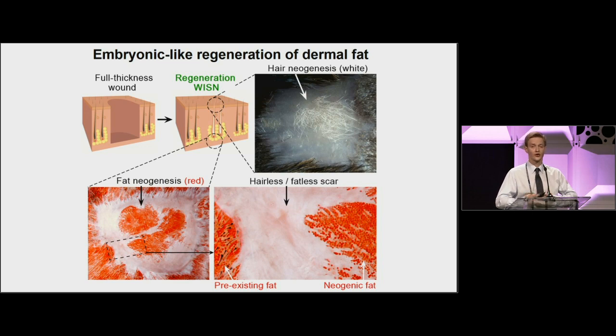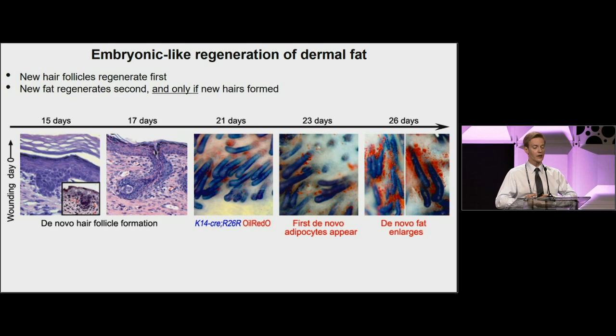Following hair regeneration, what's really exciting is that a fairly normal-looking mature dermal adipose tissue regenerates around hair follicles. And the process of adipose tissue regeneration in wounds is dependent on the hair, because over the time course, hairs form first and fat forms second, and for fat to form, it necessarily requires hair follicles.